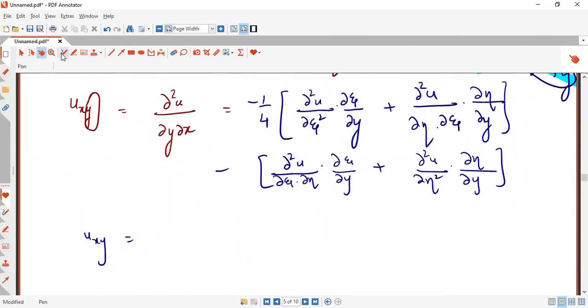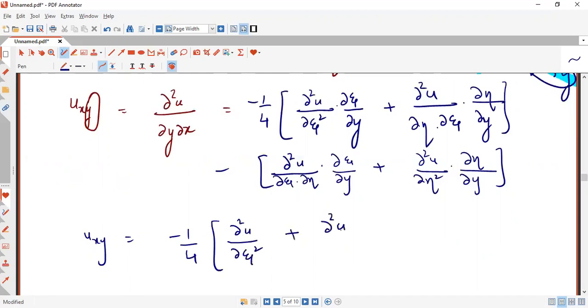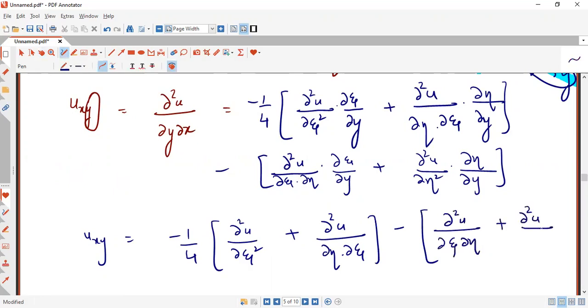So you will get minus 1 upon 4 of ∂²u/∂ξ² plus ∂²u/∂η∂ξ, minus of ∂ξ/∂y is 1, so ∂²u/∂ξ∂η plus ∂²u/∂η².